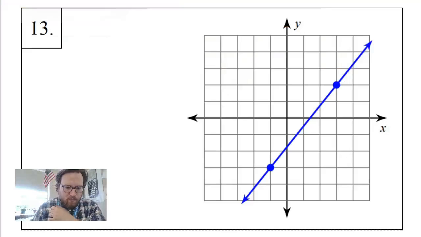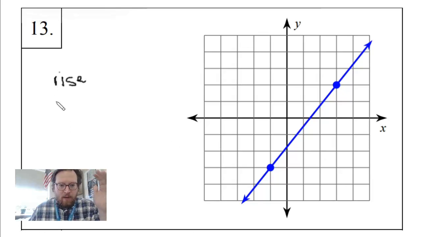Okay, so slope is just the measure of how steep a line is, and we calculate it by rise over run. So when we say the rise, we mean how much the line goes up or down, and the rise could be either positive or negative. The run is always, oh geez, that's bad.